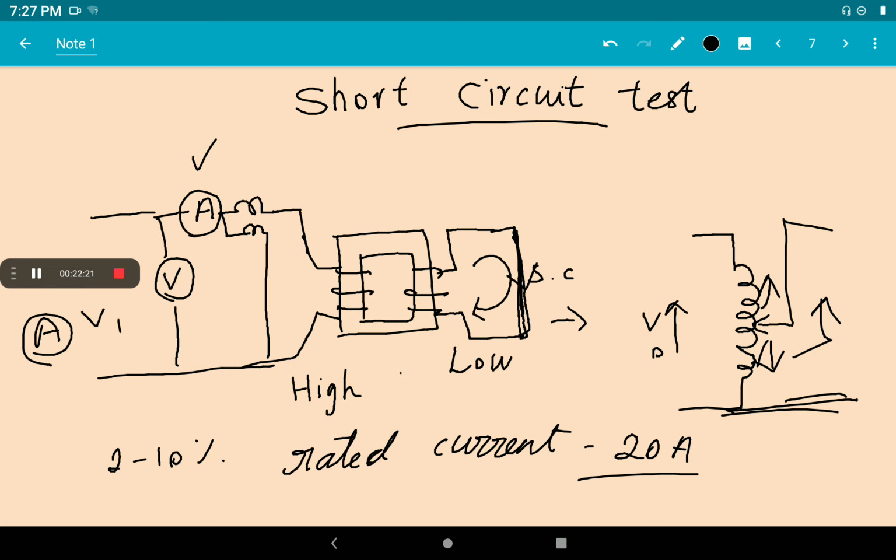So the voltage will be low in the short circuit test and the rated current is applied on the transformer.